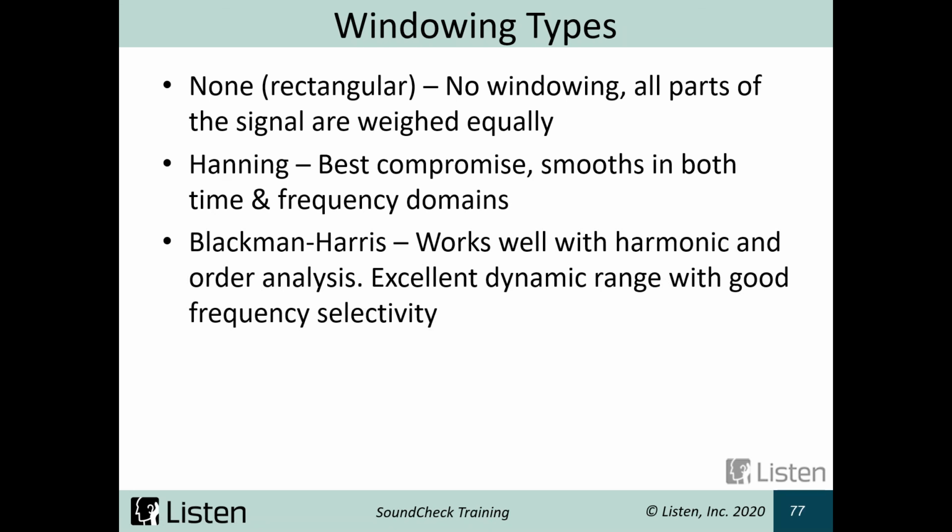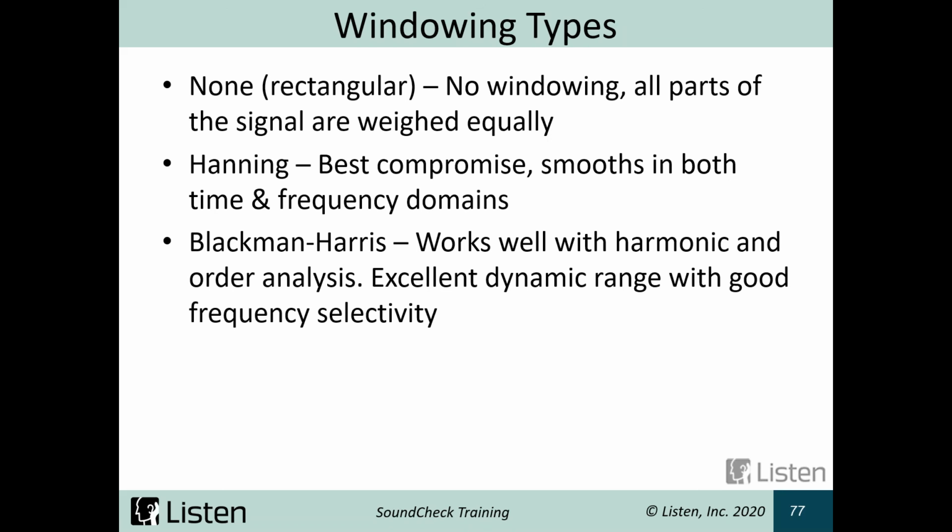Blackman-Harris works really well with harmonic and order analysis. It has excellent dynamic range and good frequency selectivity. Under Blackman-Harris, we have two different options, 4th order and 7th order. 7th order is steeper, so it has more side lobes, which can cause more ringing. 4th order is what we use by default in Harmonictrak because it's going to exclude the second harmonic from the fundamental.